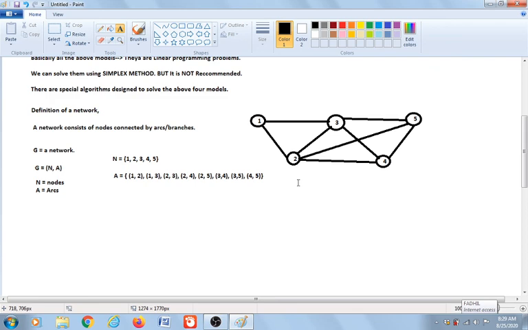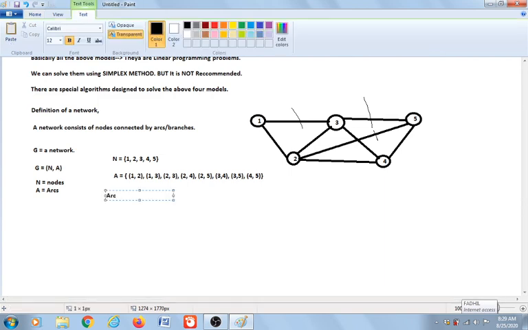So it is also important to remember that the arcs of a network usually, in the problem, have a maximum capacity.